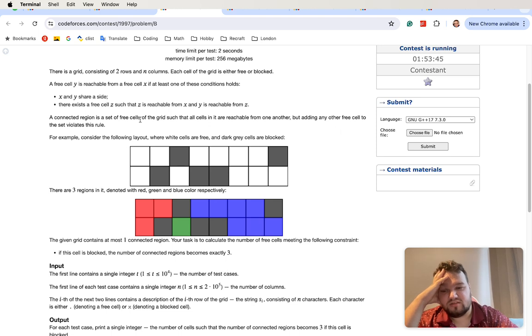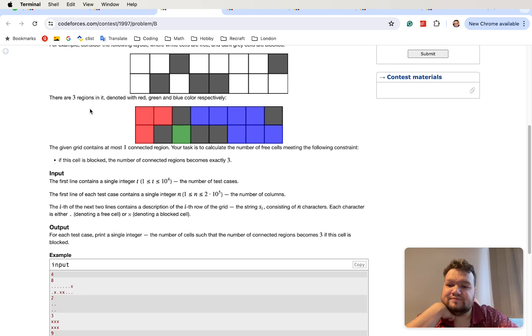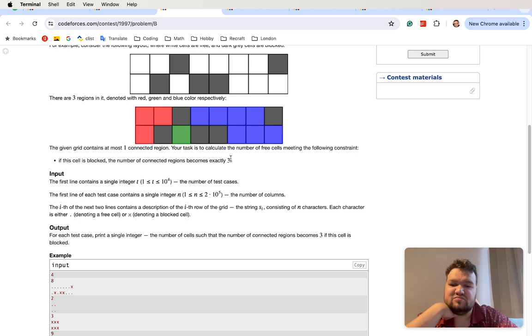Yeah, it's a connected component. Okay. The given grid contains at most one connected region. We need to calculate the number of free cells meeting the following constraint: if this cell is blocked, the number of connected regions becomes exactly 3.